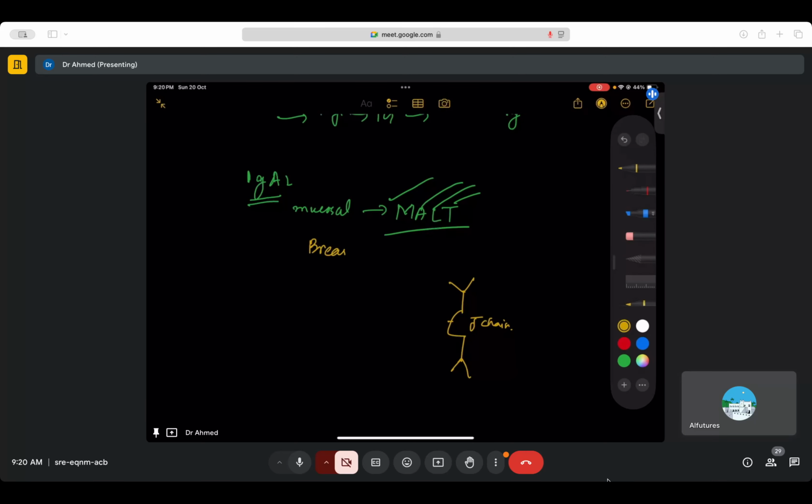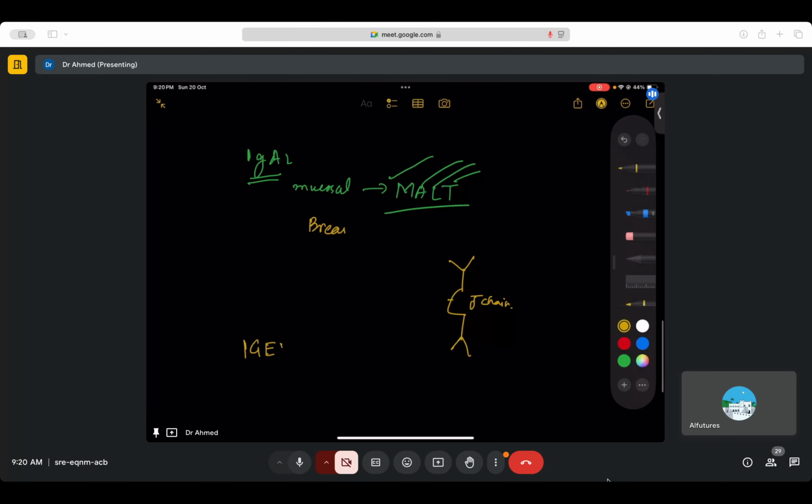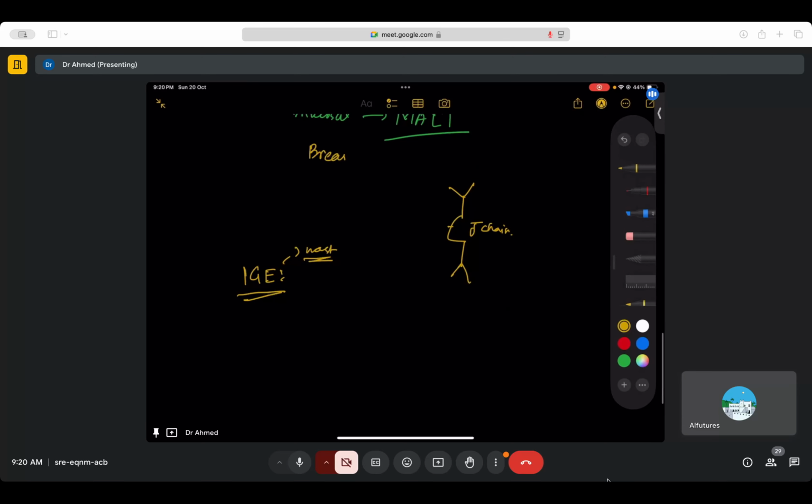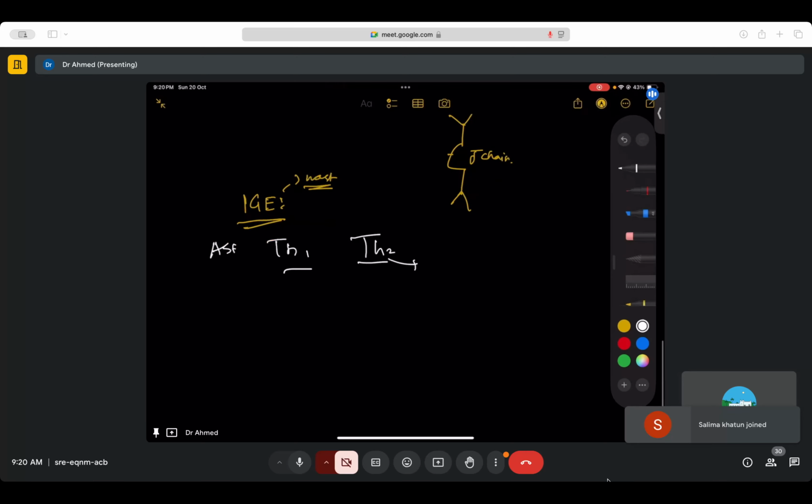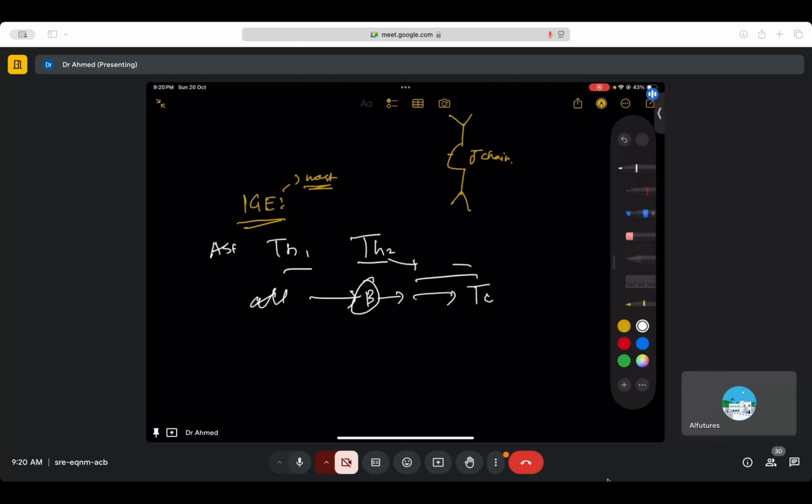Now let's discuss IgE. You know IgE is related to mast cells. We have already discussed the details of mast cells while doing asthma. Is asthma a TH1 or TH2 response? TH2. Yes, it's true. In a TH2 response, your B cells are activated first. They engulf the allergen and present it to T cells via CD40 ligand.